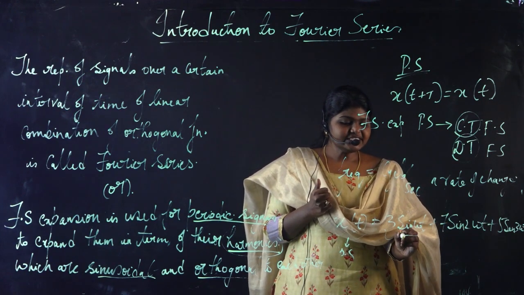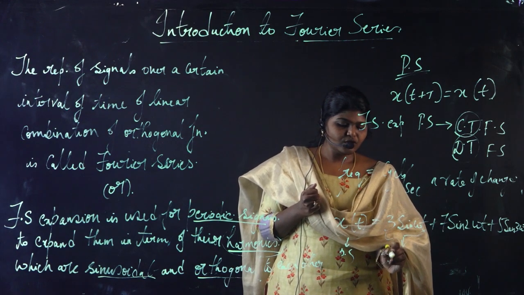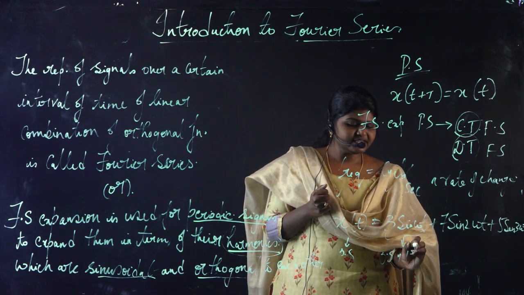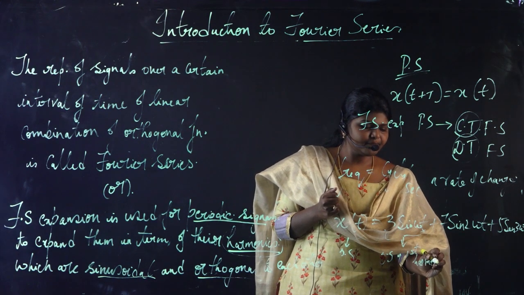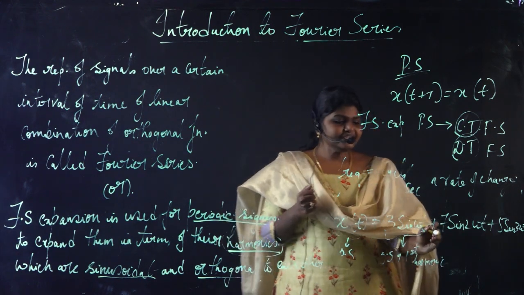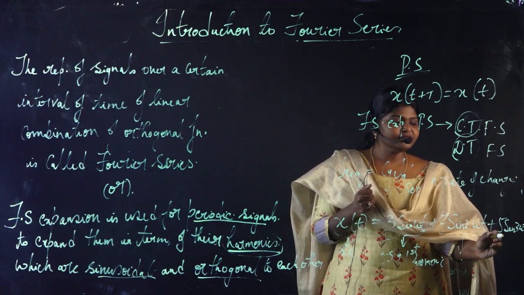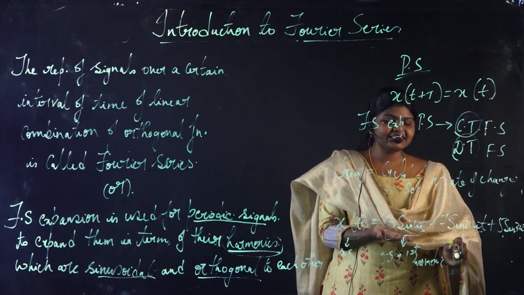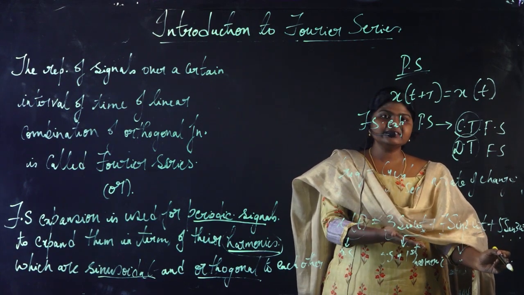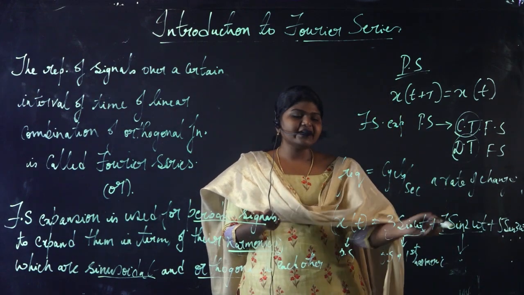The first term is nothing but the original signal or the first harmonic. The second term is called the second harmonic, and the third term is called the third harmonic. Or else, the second term is the even harmonic and the third term is the odd harmonic.